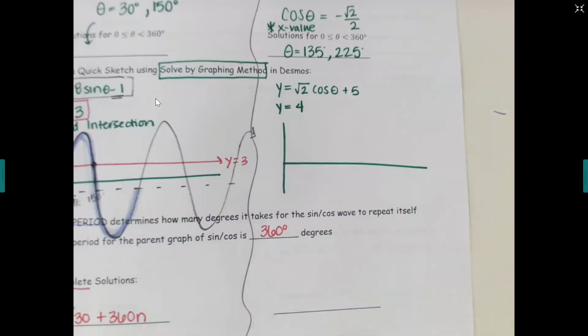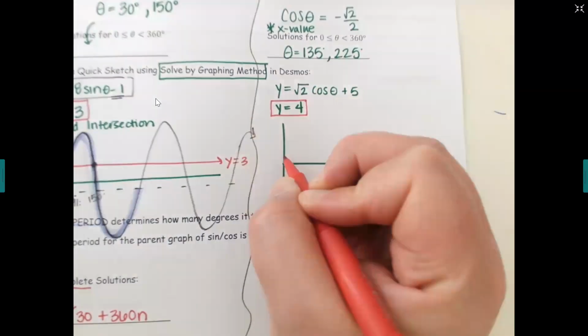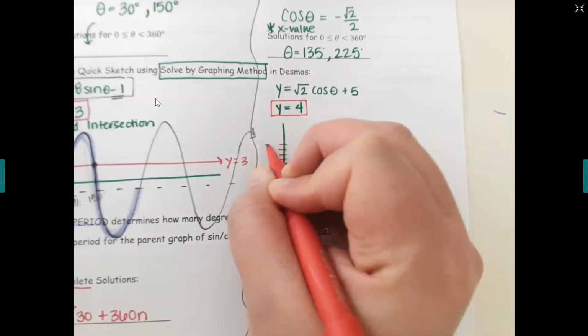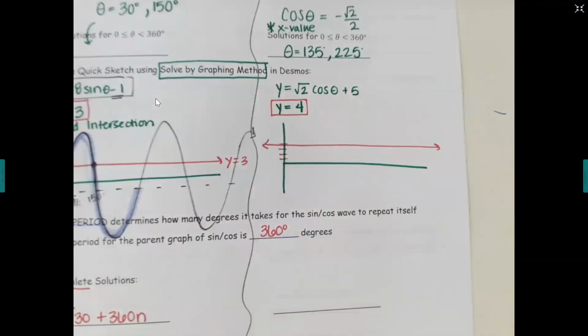Which of those is gonna be really easy to graph? Y equals 4. Nice flat line. Count up 1, 2, 3, 4. That's our constant. So then the question is, how do we graph the √2 cosine theta plus 5?